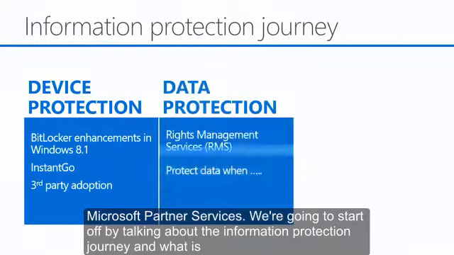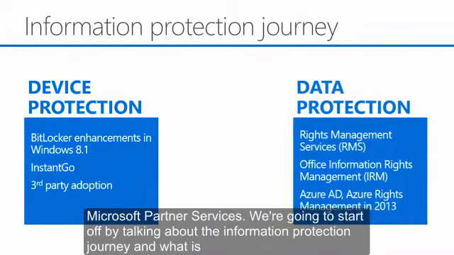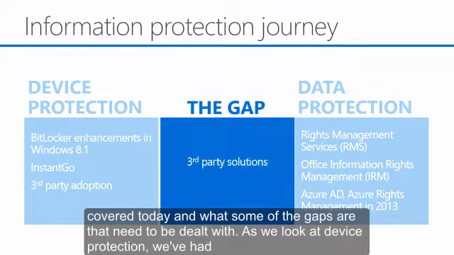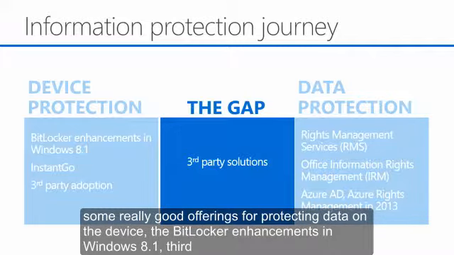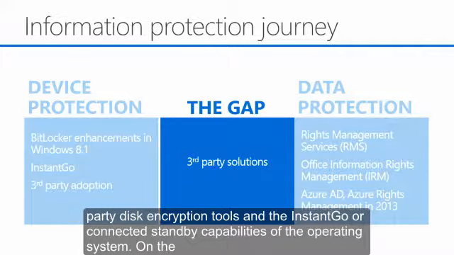We're going to start off by talking about the information protection journey, what is covered today, and what some of the gaps are that need to be dealt with. As we look at device protection, we've had some really good offerings for protecting data on the device: the BitLocker enhancements in Windows 8.1, third-party disk encryption tools, and the Instant Go or connected standby capabilities of the operating system.